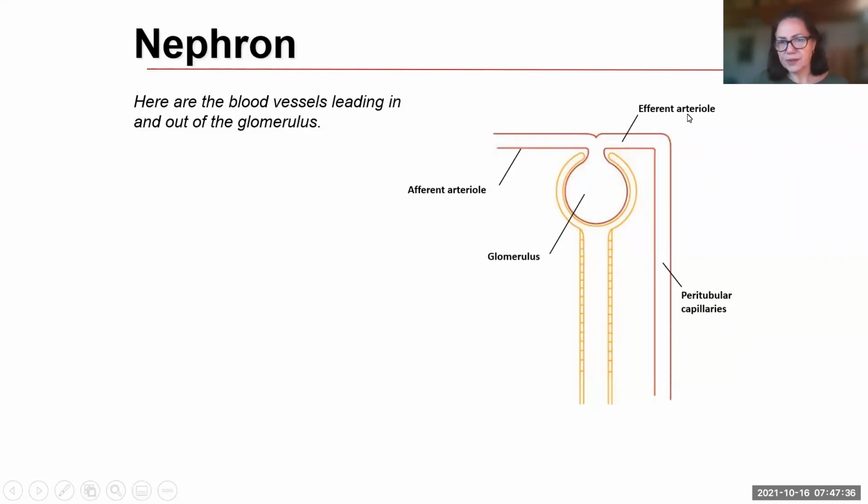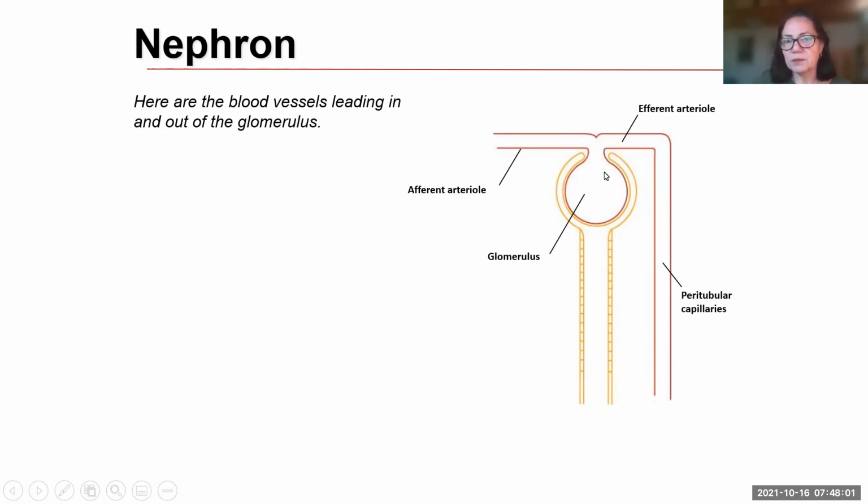So they're both arterioles, which is a little counterintuitive. Usually we think the next collection is going to be a vein, but because it's going to go through another set of capillaries, it's referred to as another arteriole. So there's the blood supply coming into the glomerulus, and then the blood supply after the glomerulus going to these peritubular capillaries.